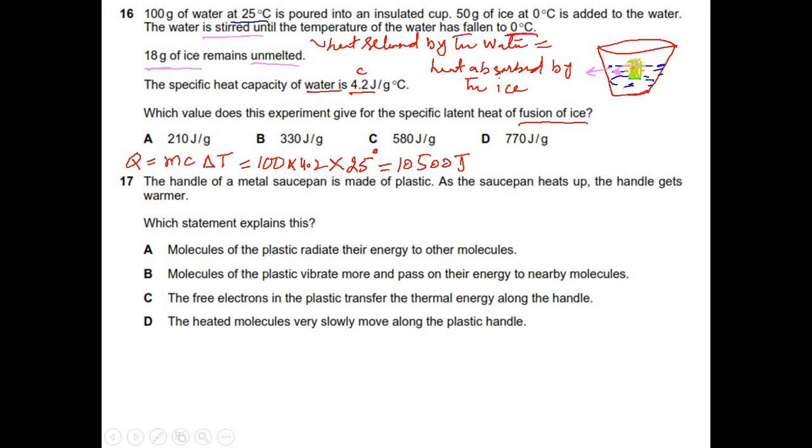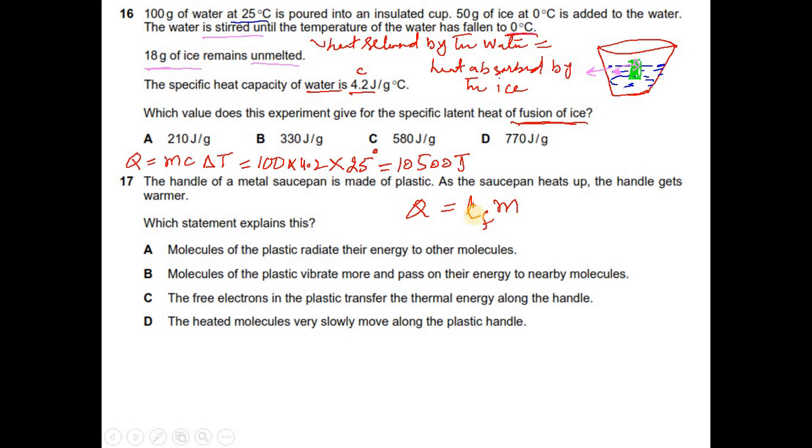This energy is being absorbed by the ice, and it is melting. Because the ice is melting, it is all about latent heat of fusion, so Q is equal to latent heat of fusion times the mass, and this Q is the heat absorbed during the melting process.